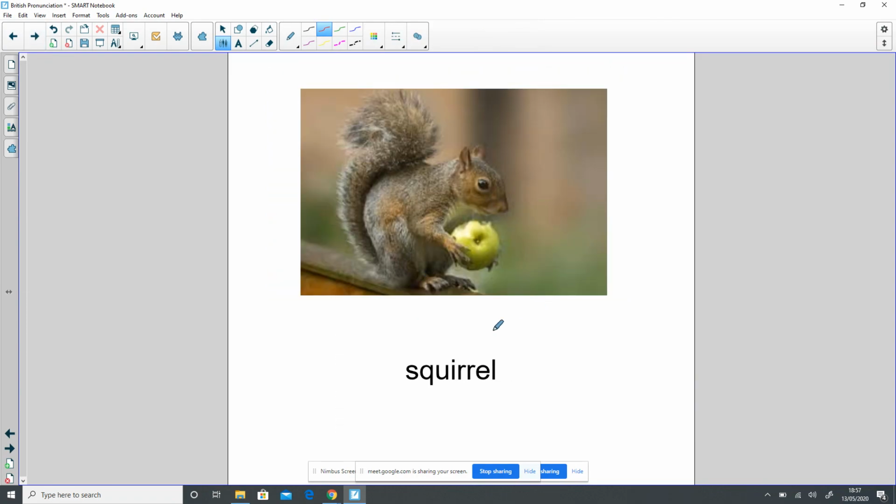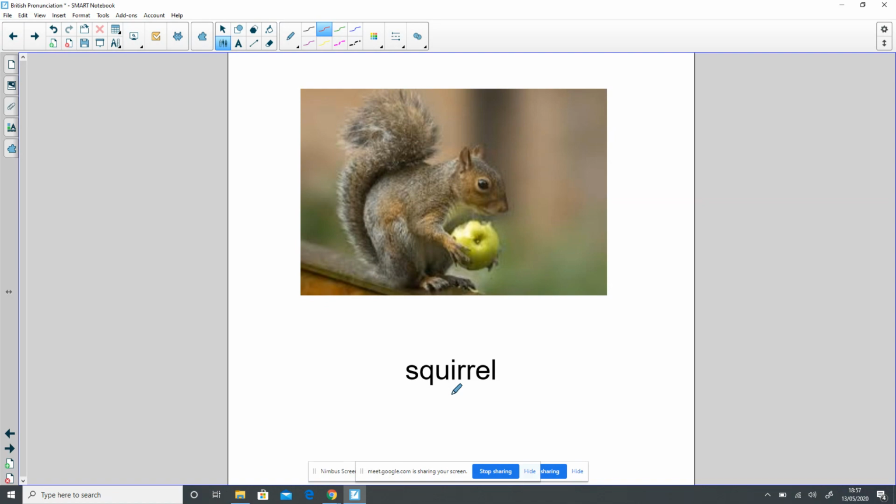In England, we often see these animals. People from outside of England, especially from other continents like Asia or South America, when they come to London, they're very surprised to see these little animals everywhere. Not surprising for people in London, we see these all the time. These are squirrels. So how many syllables? That's two, isn't it? Squirrels.